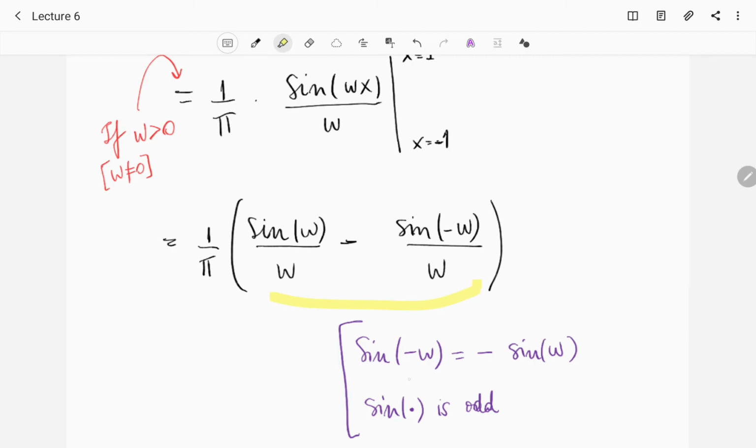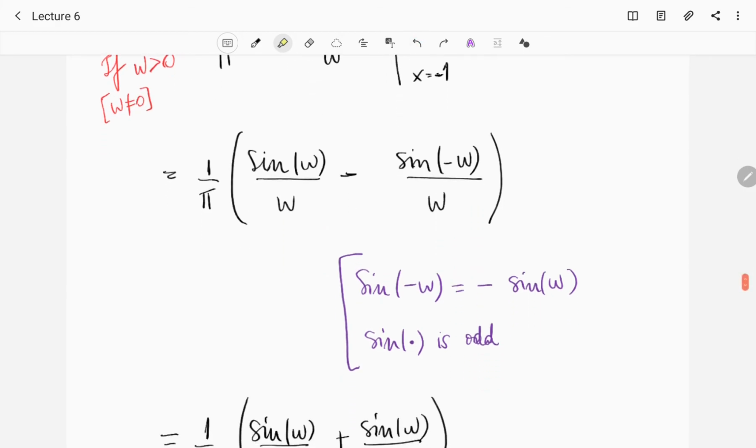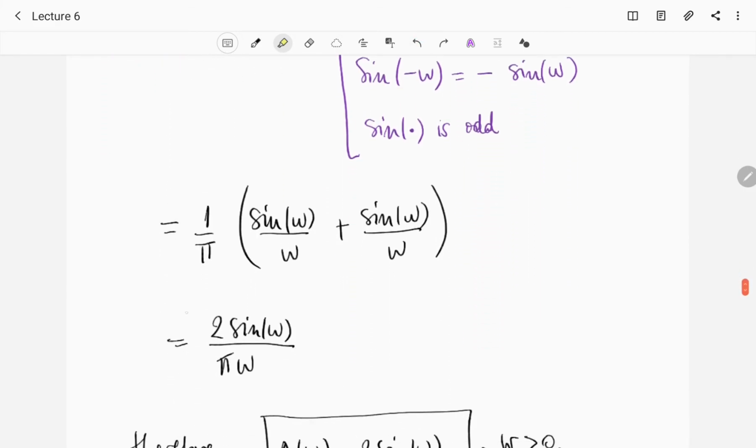Remember that sine is an odd function, so this minus goes outside. And finally what we get is 2 times sine of omega over pi omega. And this is okay for every omega that is not 0, so omega positive.